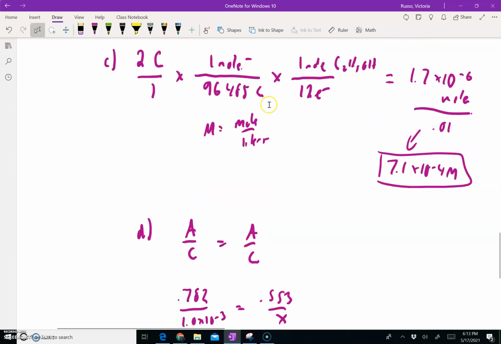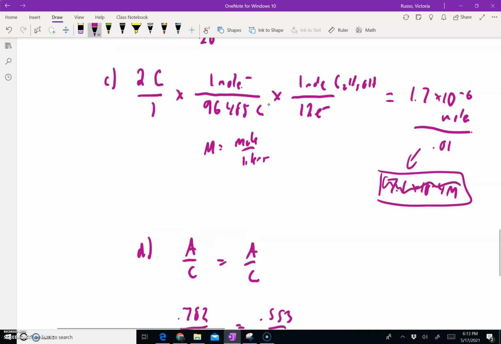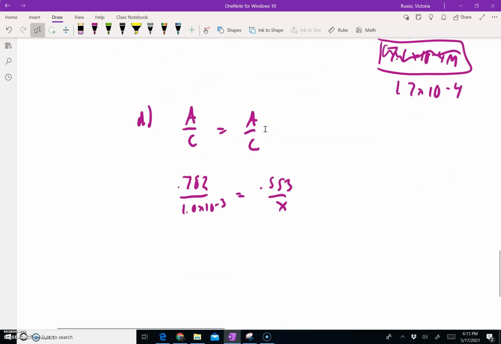I'm sorry, and up here I was wrong. I wrote the wrong number for my math. This is 1.7 times 10 to the negative 4. I'm looking at the wrong circled answer. My bad. Can't do math. Anyway, let me do the cross multiplication.